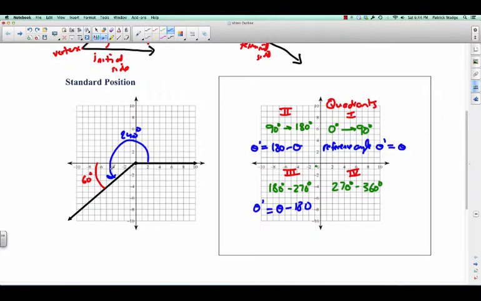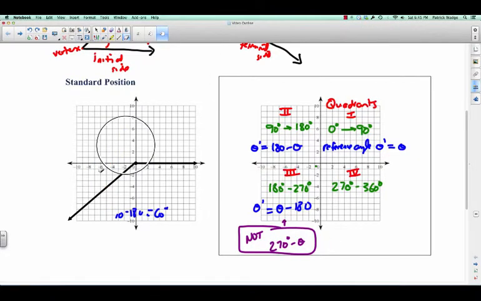If the standard position angle is 240, you subtract the 180 and you get 60, and that's what we said the reference angle is. Be careful with this one. I'm actually going to write down here not 270 minus the standard position angle in this quadrant. That's what people often do by mistake.